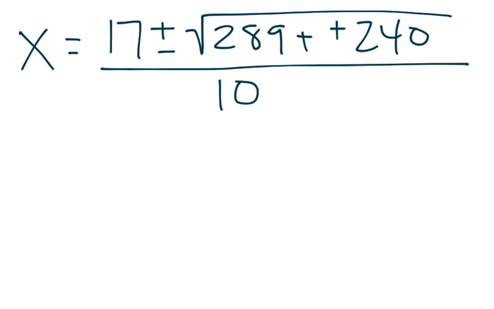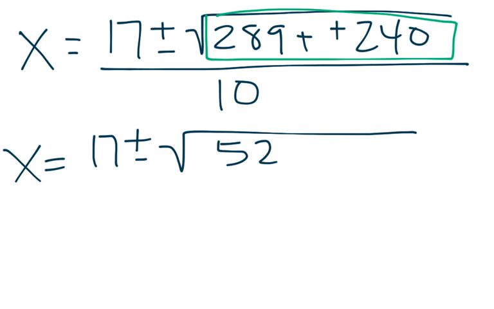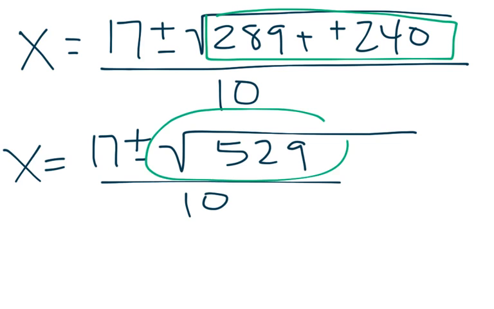And now we want to simplify inside of this square root sign. So we're going to rewrite our equation, x equals 17 plus or minus the square root of 289 plus 240, and that is going to be 529 over 10. Okay, and now we want to figure out what the square root of 529 is.